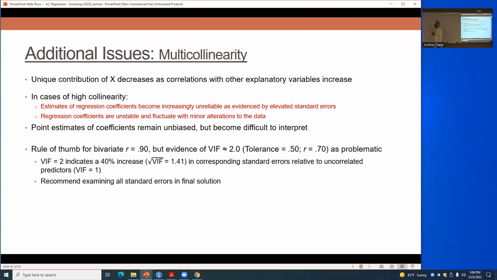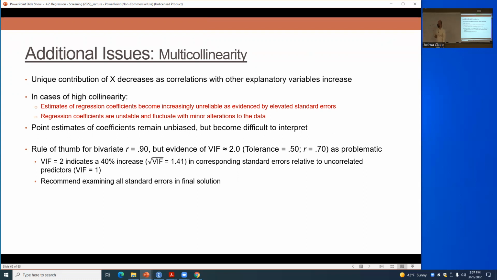For bivariate cases, general rule of thumb for problematic collinearity is if you have variables that are correlated 0.9, you need to be concerned sort of way before you even get to anything that's correlated. But if you have predictors correlated 0.9 with one another in your model, you're measuring the same thing multiple times. Like the measures have different names, but it's essentially measuring the same thing, okay?